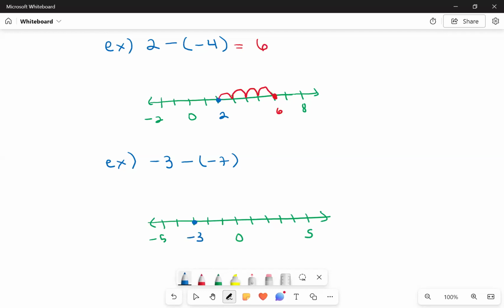I see the subtraction, I think I'm going to go left, but nope, I actually go right 7: 1, 2, 3, 4, 5, 6, 7. And that lands me at 4. Wonderful. Those are the basic rules for adding and subtracting on the number line.